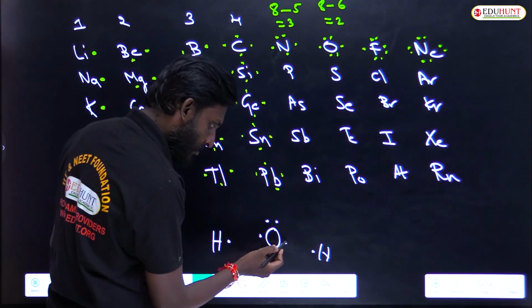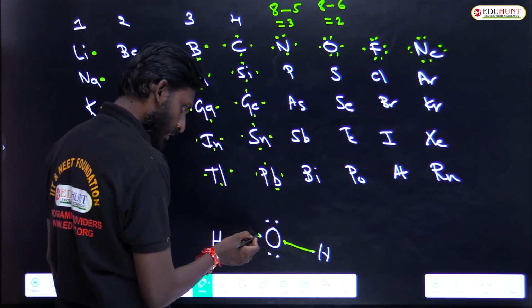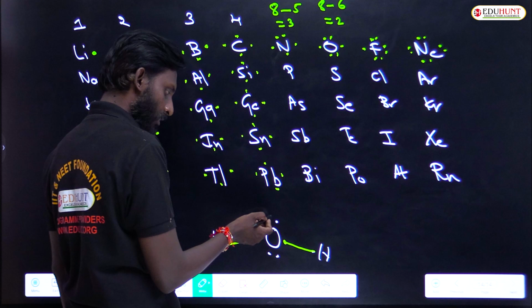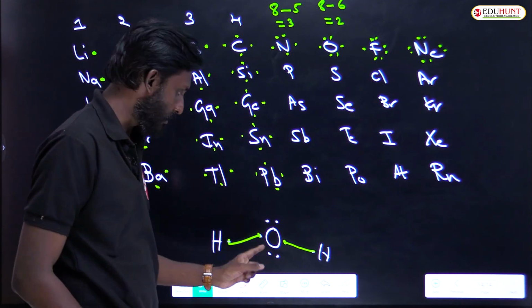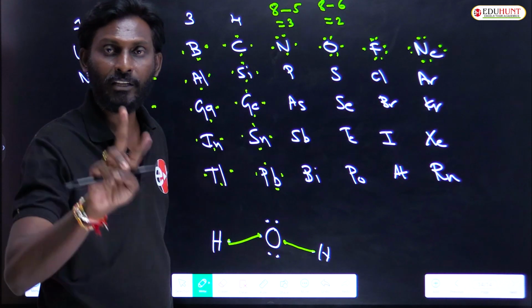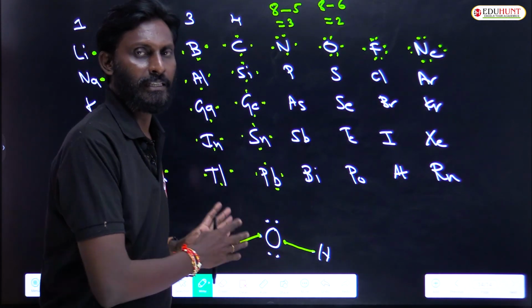Oxygen shared its electron with hydrogen. Then 1, 2, 3, 4, 5, 6, 7, 8. In this molecule, oxygen completed its octet by sharing 2 electrons. That's why valency is 2.